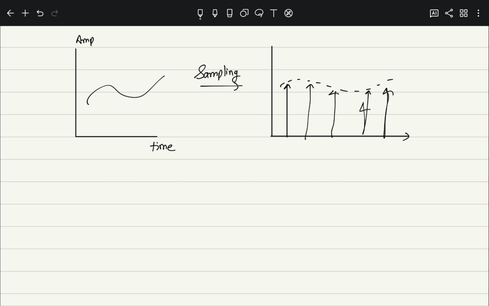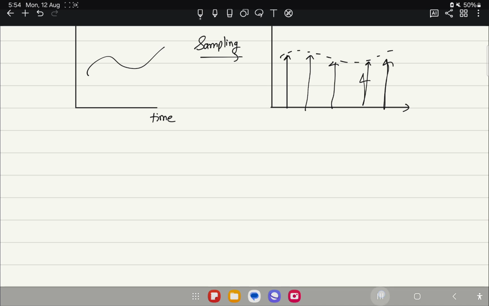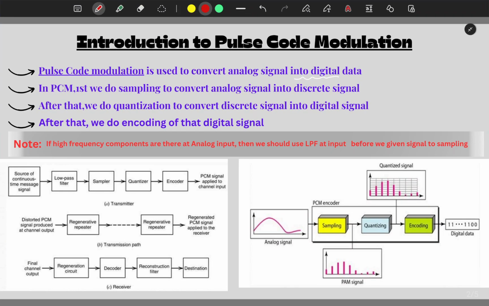Then we do quantization to convert the discrete signal into a digital signal. After that we do encoding of that digital signal.